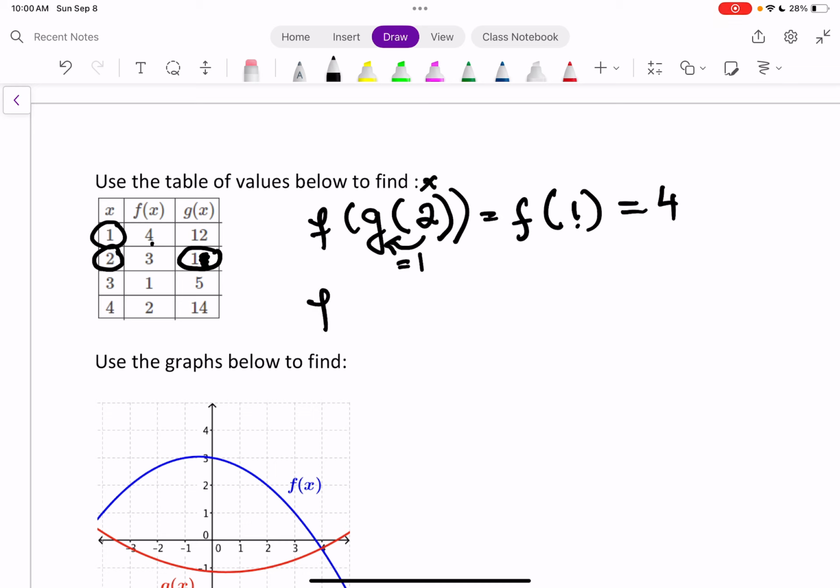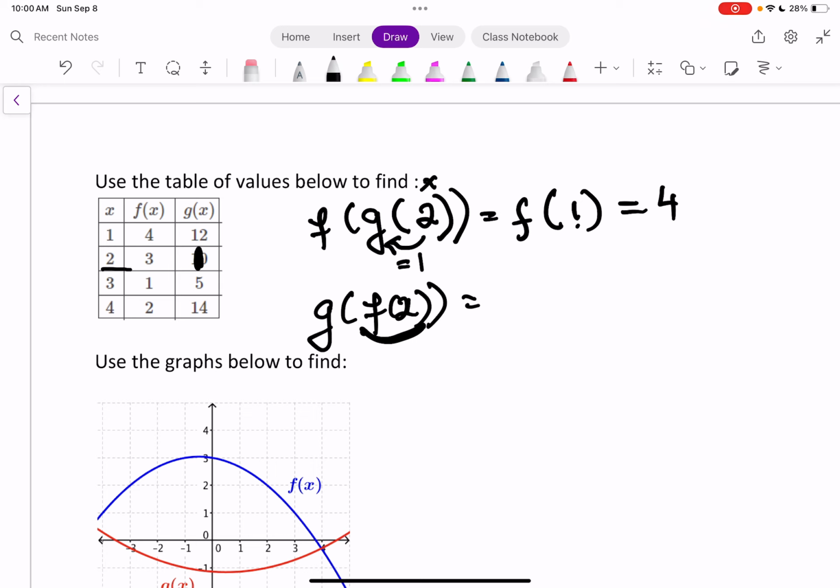Let's figure out what g of f of 2 is. That simply means to look at this function and plug in 2 in the function f first.